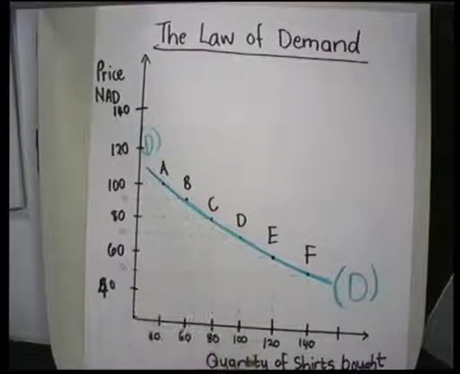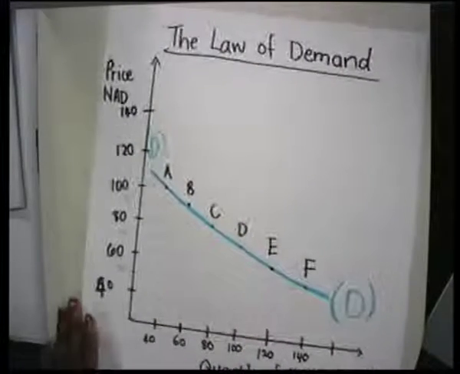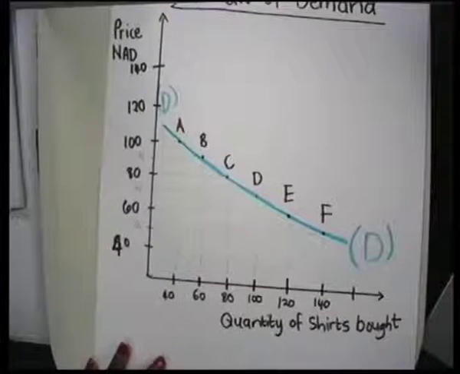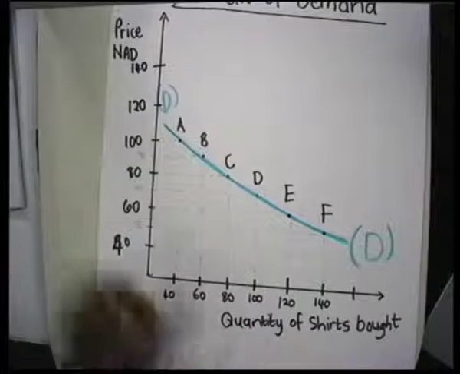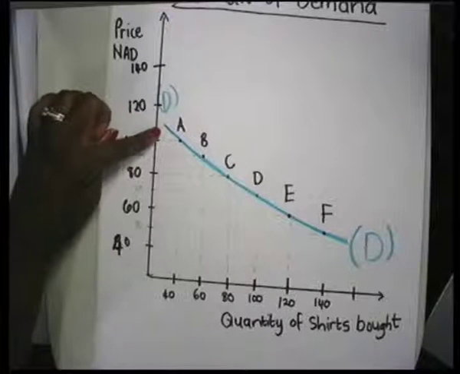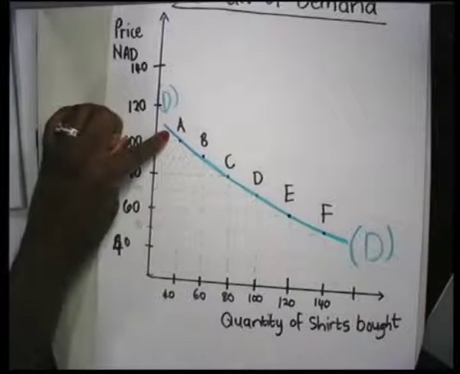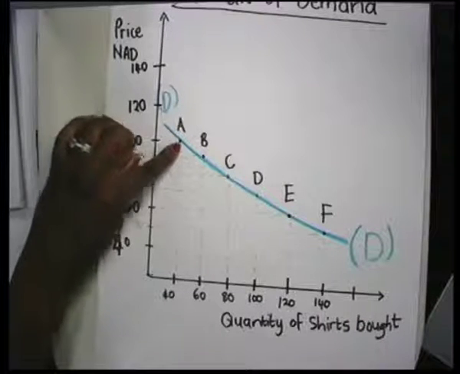Now there's one thing to really note when you're looking at the law of demand, and just going back to our definition of demand, is that the higher the price, the lower the demand, and the lower the price, the higher the demand. So meaning the higher the price, the lower the demand of the quantity.